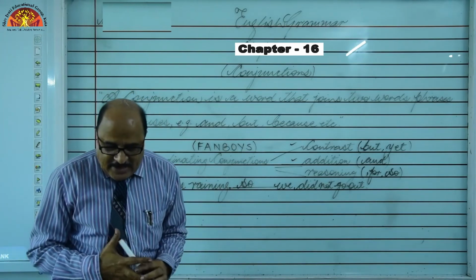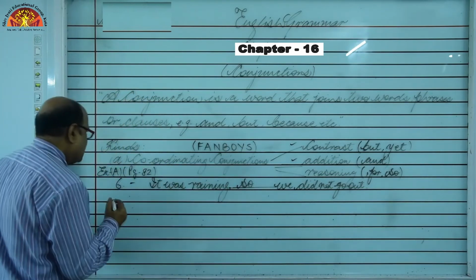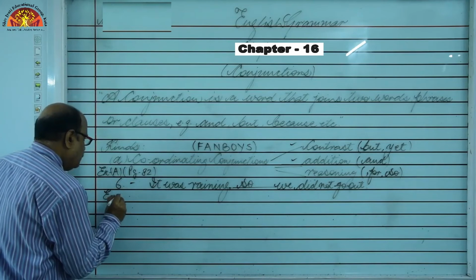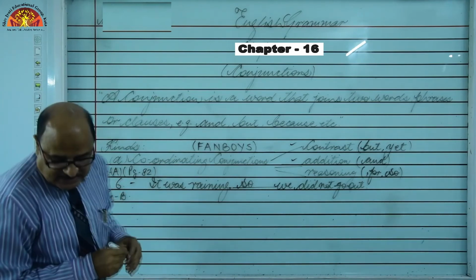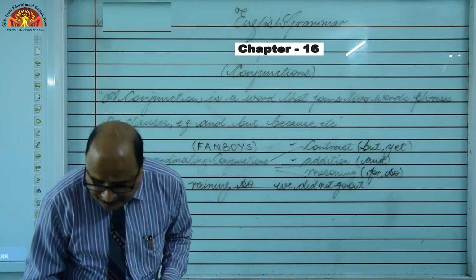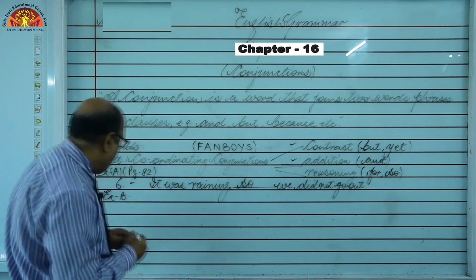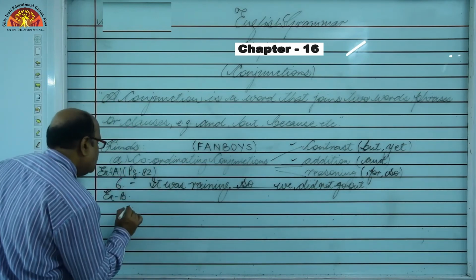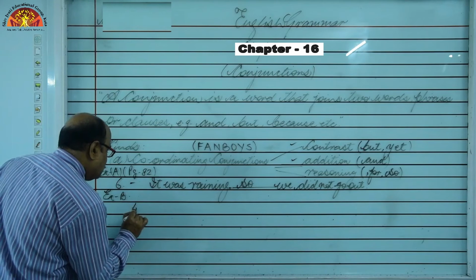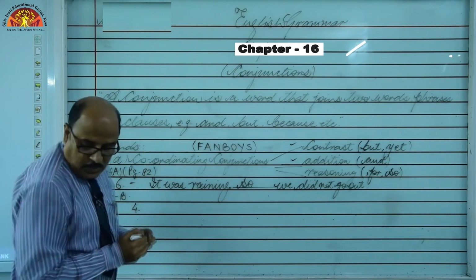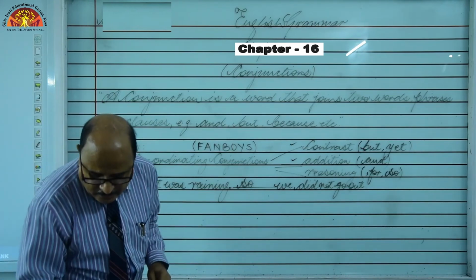Okay, students. Next is exercise B. Exercise B is there. You can see on the same page, so many sentences are there, and sentence number 4. Randomly we are attempting sentence number 4, and that is Shreya had hurt herself.